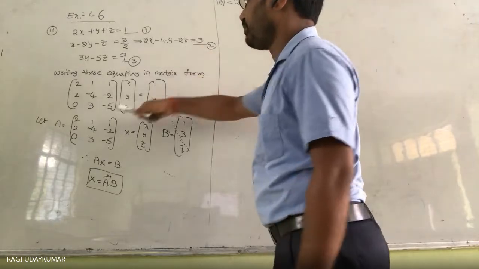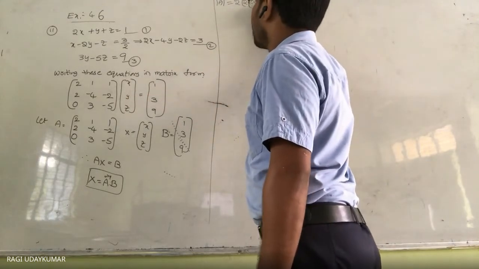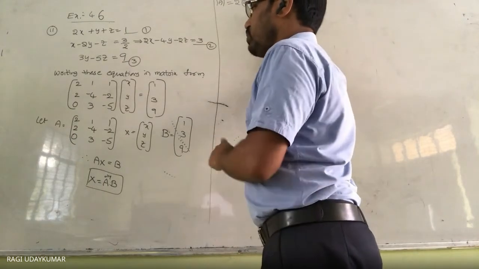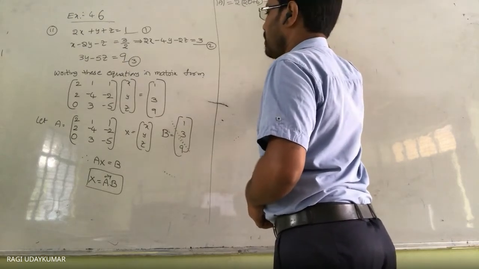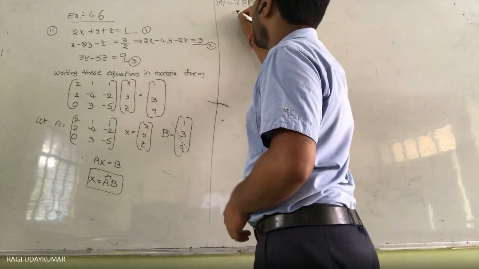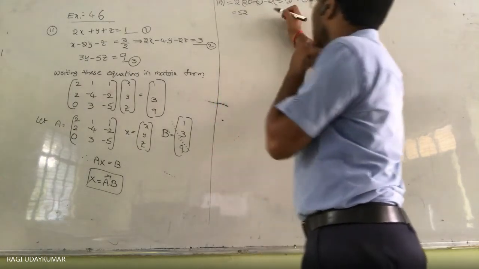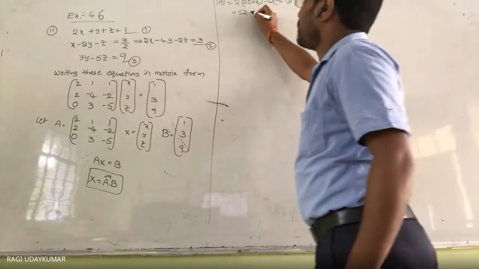2 into 20 plus 6, minus 2 into this row, minus 5, minus 3, minus 5, minus 3, plus 0. So we are going to get 52 minus 8 plus 16.